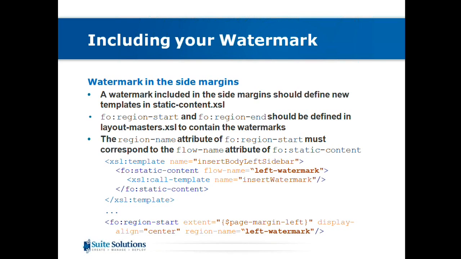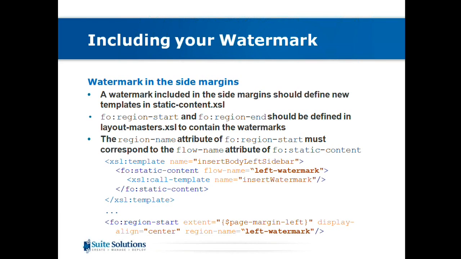Extent equals page margin left. You're stating here that it takes up the same amount of space that the left page margin is taking up. Display align equals center, that's optional.